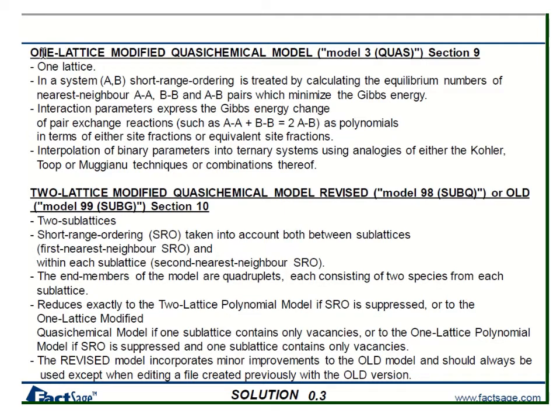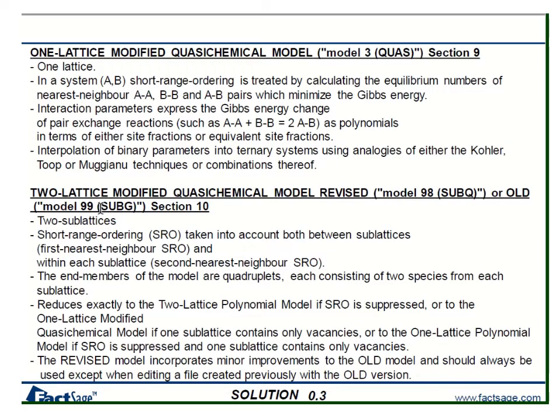One of the most important models FactSage provides is the so-called modified quasi-chemical model. The classical modified quasi-chemical model is called model number 3. We updated this classical model with a somewhat more flexible form, which we call model 98 or model 99.